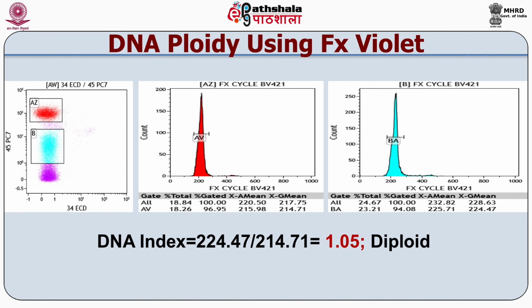Now, in the subsequent histogram plots, you can see the mean fluorescent intensity of the lymphocytes and the mean fluorescent intensity of the blast cells. The DNA index again has been calculated by dividing the mean fluorescent intensity of the blast by the MFI of the mature lymphocytes, and we get a DNA index of 1.05. So, this tumor will be classified as diploid.